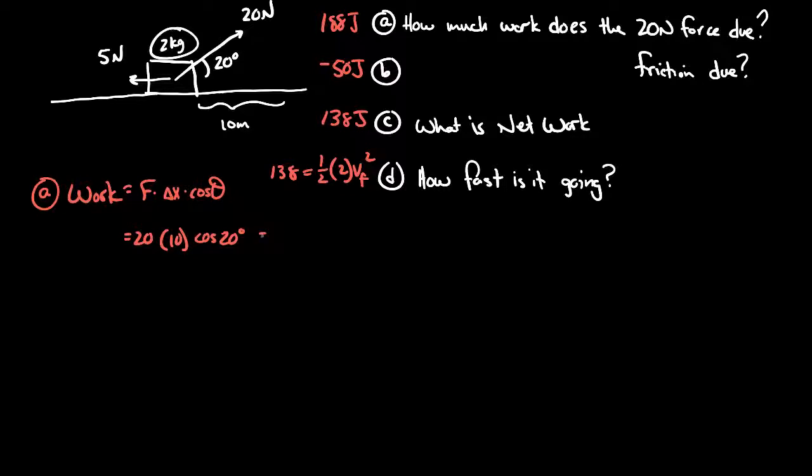So that gets me 188. If I want the work done by friction, that work will be my 5 newtons times my displacement of 10 times the cosine of 180 degrees. That just makes it negative. So negative 50 joules.